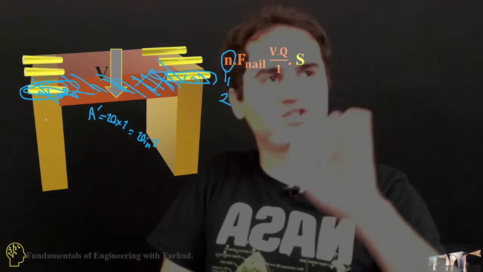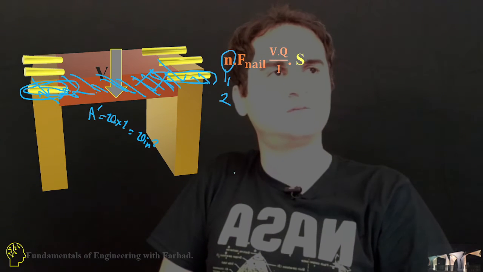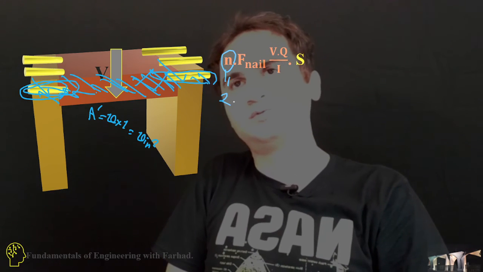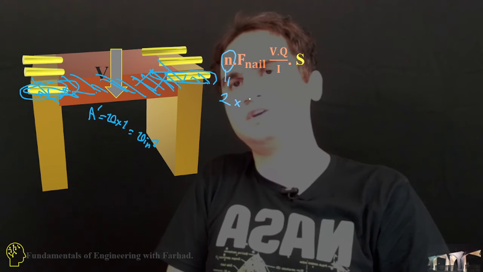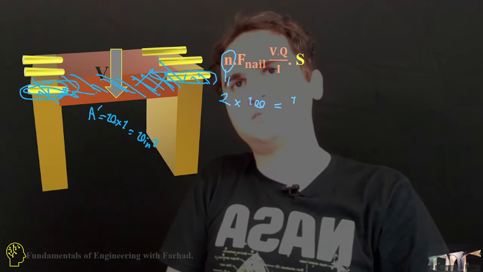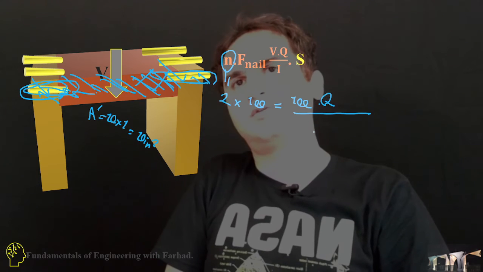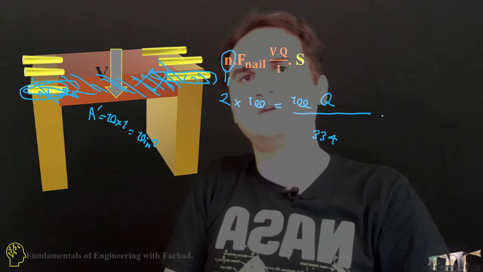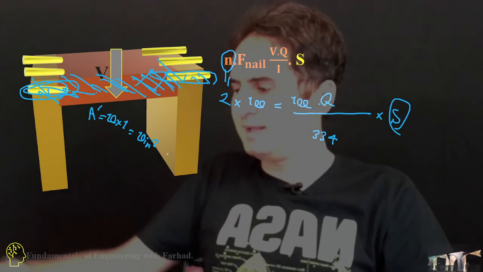For the legs, just one of them is holding the structure, and the result for both of them is equal. So two of them times the capacity of each of the nails, which is 100 pounds, and V is provided. We need to calculate the correct Q this time over 334, if I'm not wrong, times the nailing distance.